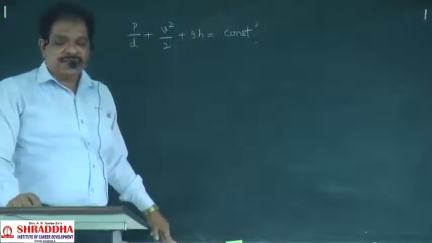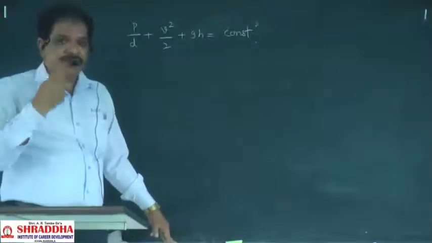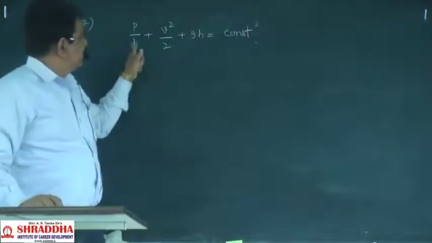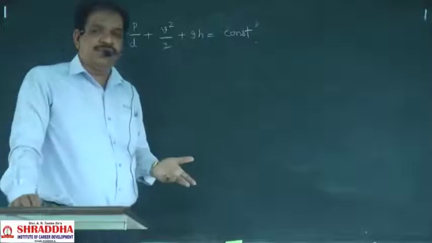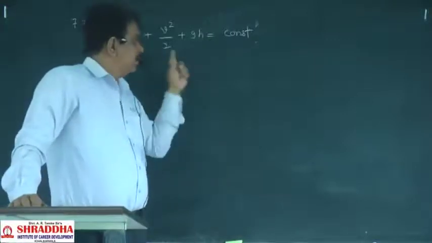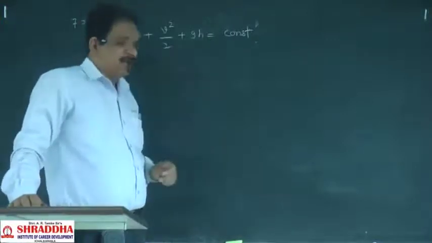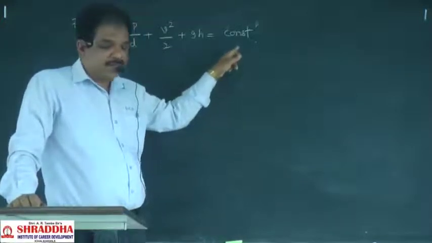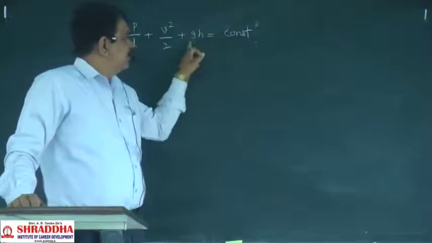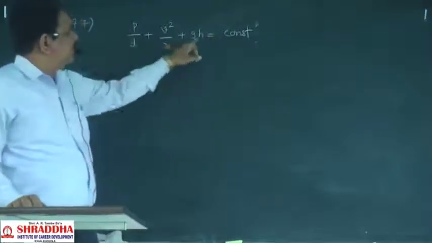The dimensional formula of constant: what will happen? These three we are adding. According to the principle of homogeneity, all will have the same dimensions. In the same way, this constant will also have the same dimensions as these three.